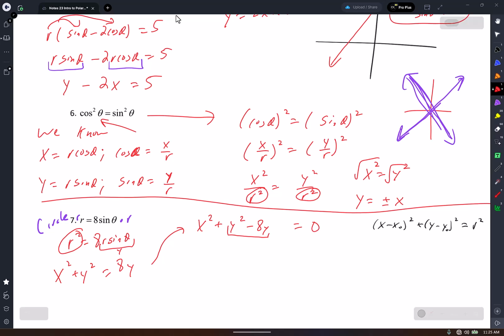What's 8 divided by 2? 4. And 4 squared? 16. So put plus 16. Whatever you do to one side, you do to the other. That's called completing the square. And these three terms right here that I'm circling become a binomial with a square on it. Keep the sign. There's a negative there, so it's going to be a minus. So you have x squared plus, parenthesis, y minus 4, close it squared, equals 16.